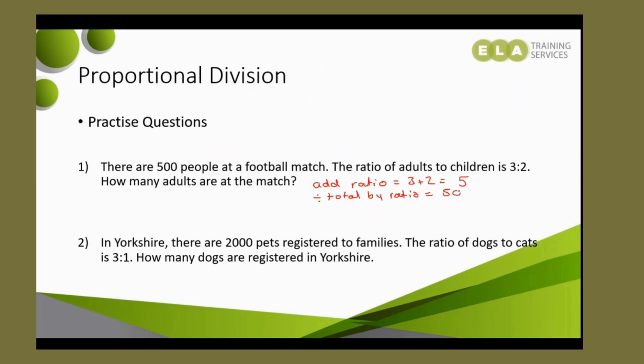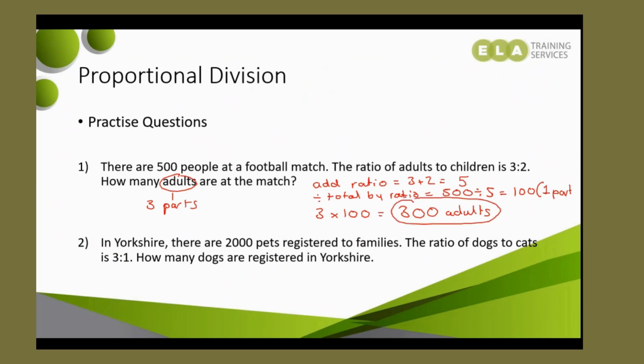So 500, which is our total, divided by 5 equals 100. So that's 1 part. And we are looking for adults, which is 3 parts. So we do 3 times 100, which tells us there are 300 adults at the match.